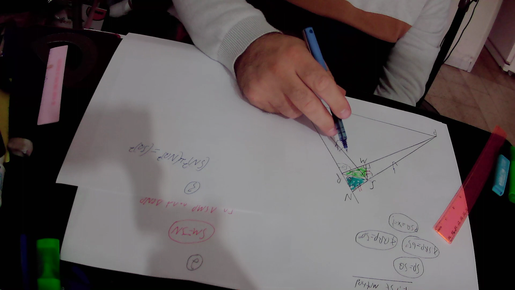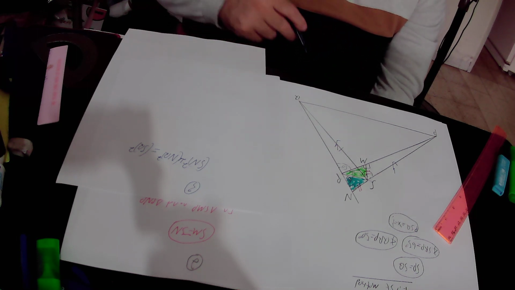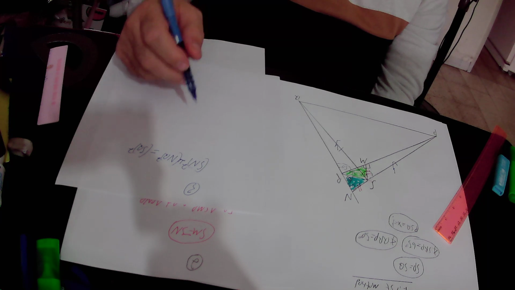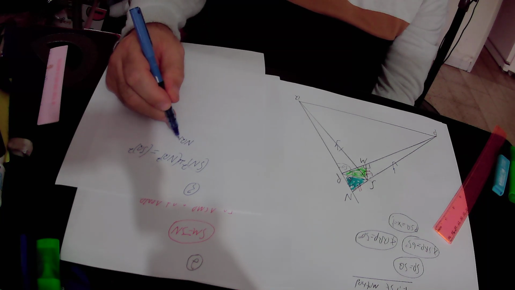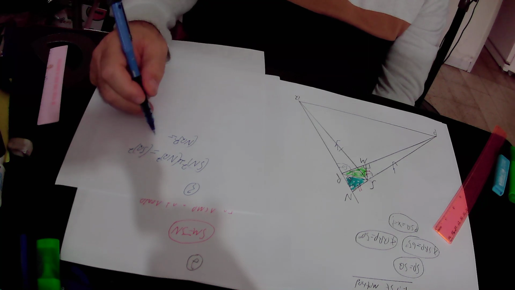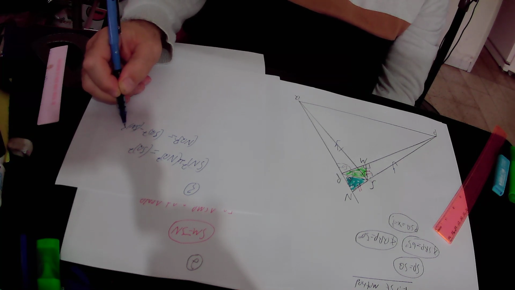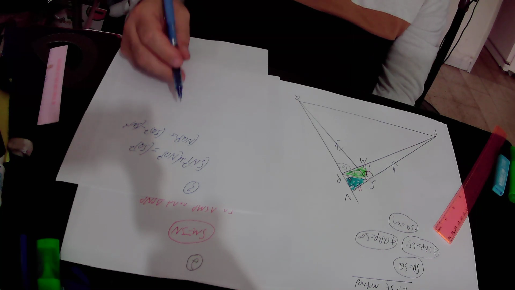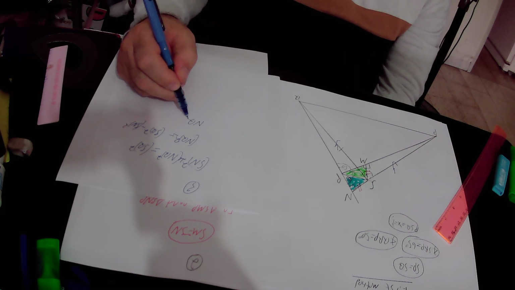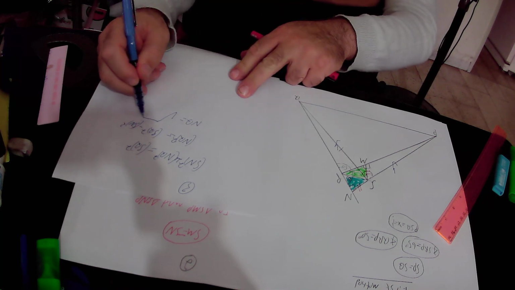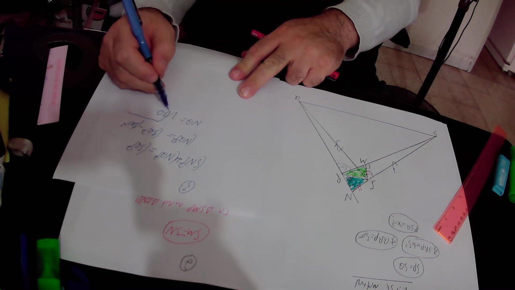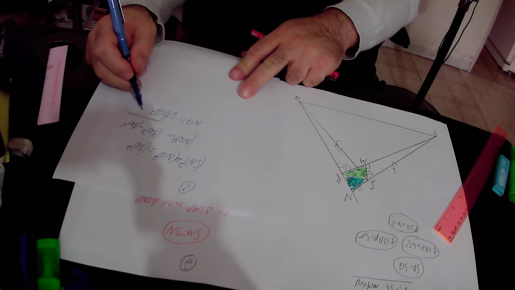That is true in the right triangle SNQ. So here we will subtract SN square from this equality, and we will get that NQ square equals SQ square minus SN square. Here we will take a root out of this equality, and we will get that NQ equals the root of SQ square minus SN square.